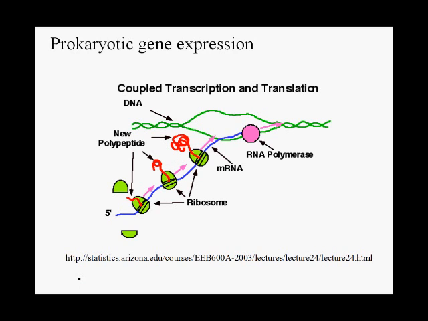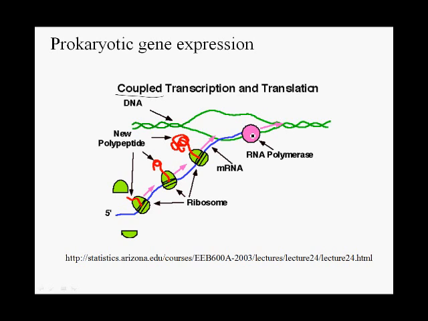In bacteria and archaea, this is a conceptually straightforward process. There is only the one cellular compartment. There is no nucleus or other membrane-enclosed organelles. So what we see is that transcription and translation are coupled. They happen at the same time and actually are dependent on each other.